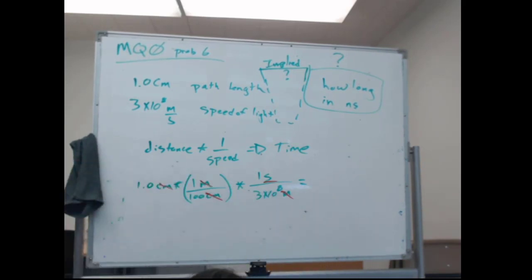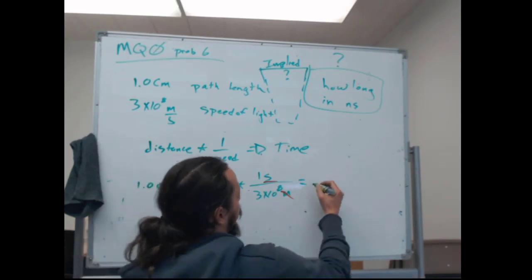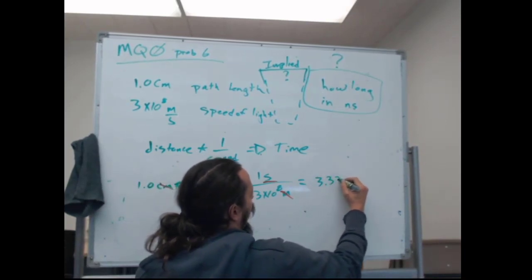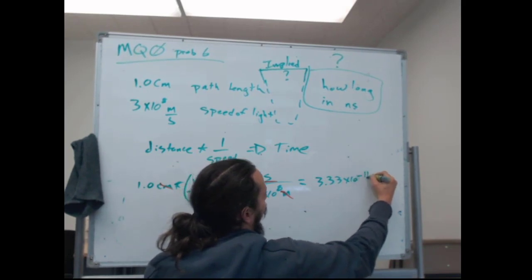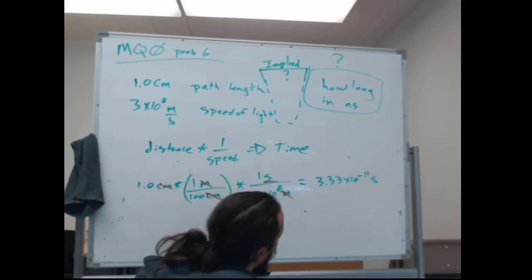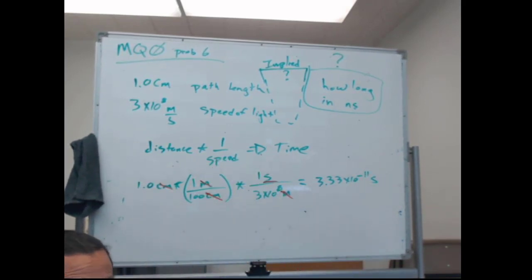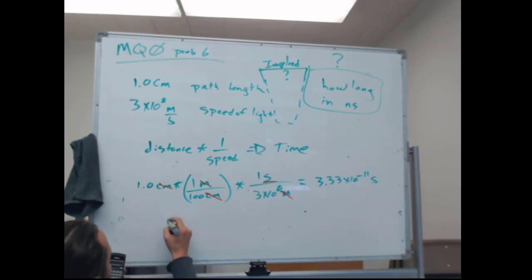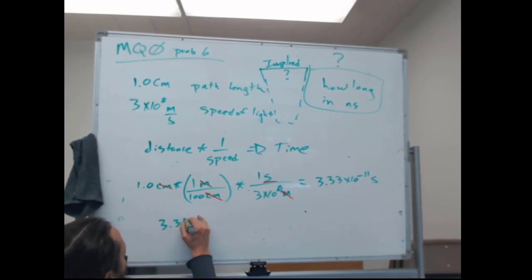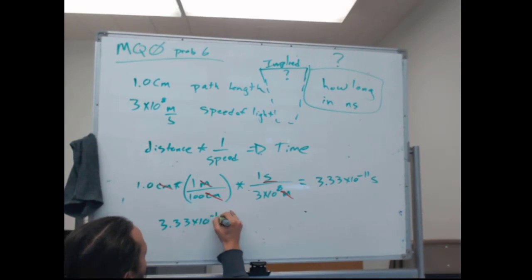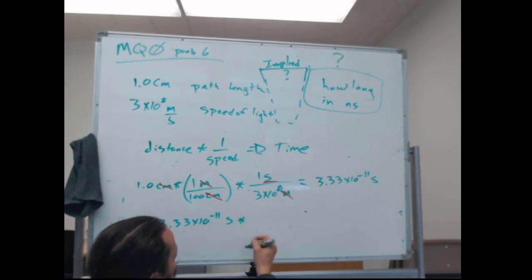Plugging that into our calculator, we get 3.33 times 10 to the minus 11 seconds. And we're not done because, again, we have to pay attention to units. This problem specifically asks us for the time in nanoseconds, not in seconds.